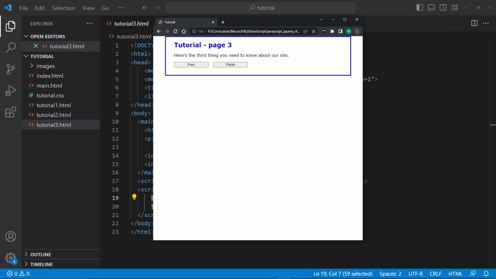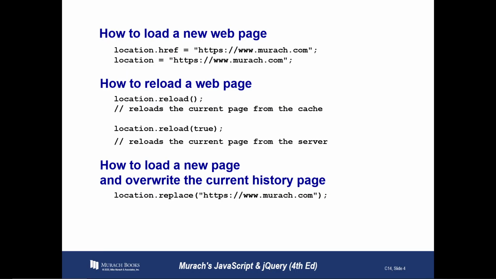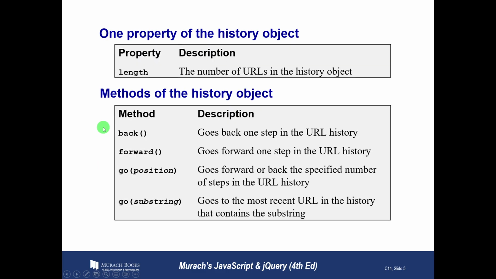All right. So let's go back to our PowerPoint here and finish looking at some other things we can do with the history object. So the history object has a length that will tell me how many URLs there exist in the history object. How many pages have we been to? I'd like to say since the browser was open, but you can see with replace, that may not actually be a number.